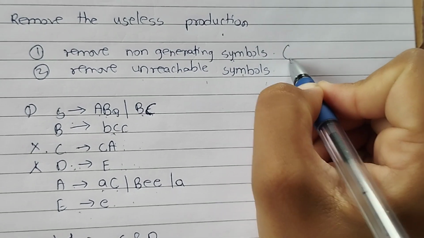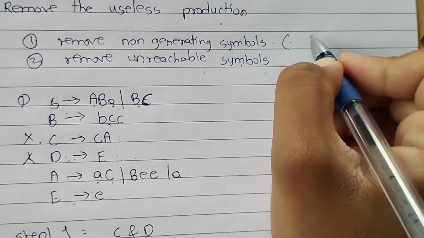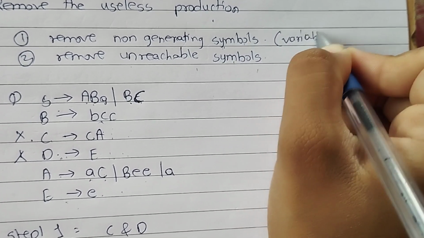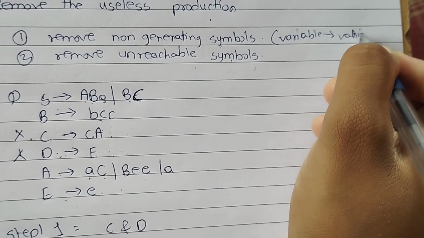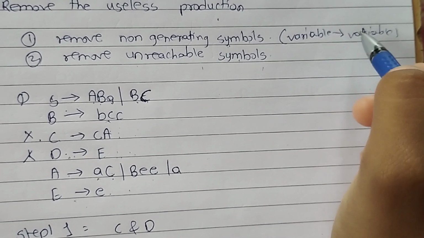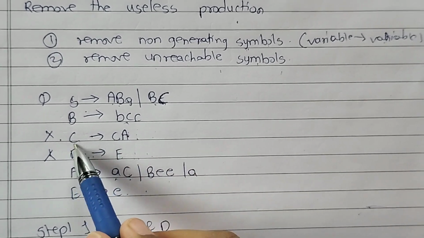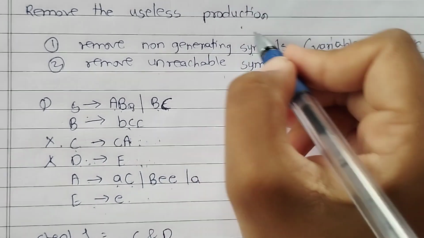In step number 1, we see which variable produces only variables, no small letters present. Here capital C and D only produce capital letters, not small letters.